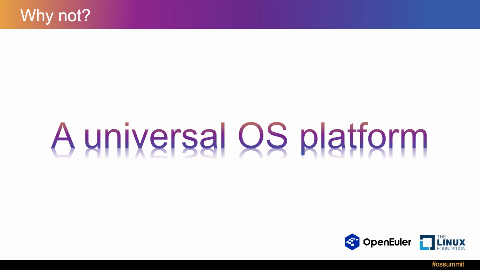The idea is, why not create a universal OS platform that is usable for data centers, edge, IoT, or embedded. If we want to do that, we have to provide abilities not only in the OS itself, like in the kernel and other components, but also need to have a powerful and suitable infrastructure behind the OS, and the community builds them in order to build up the OS that we want to create.